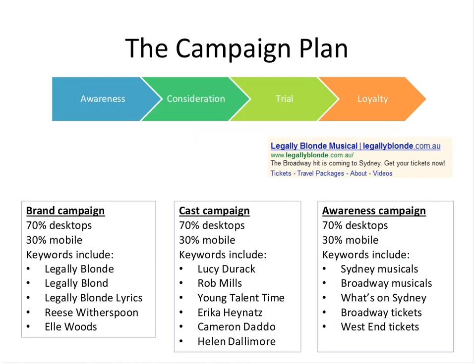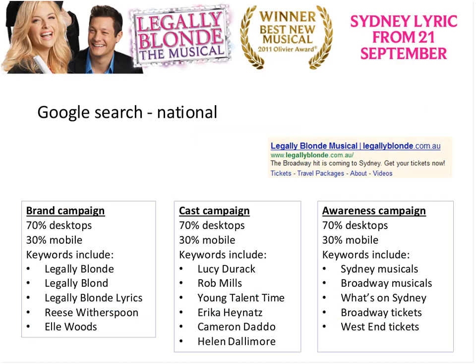Here is an example of a search campaign that we've been running for Legally Blonde, the musical. You'll see here that we've segmented the campaign into 3 sections. First of all, we have the brand campaign, which is the brand-based keywords like Legally Blonde lyrics, Reese Witherspoon.